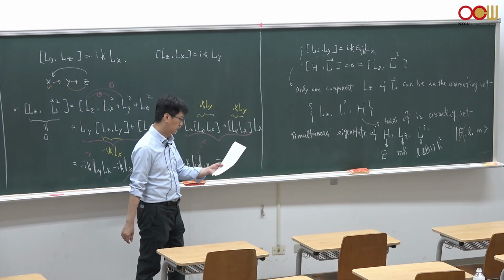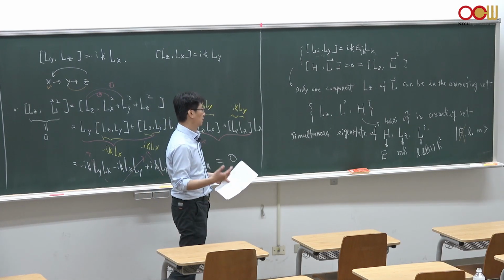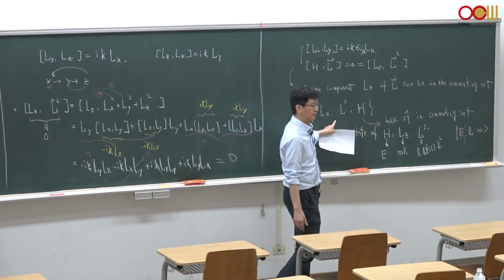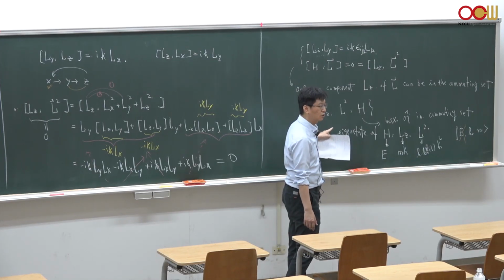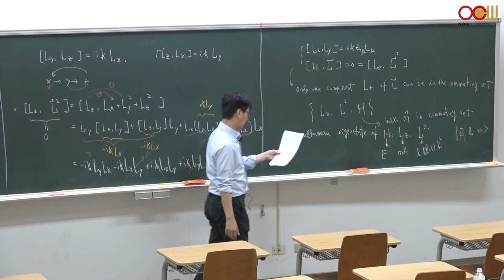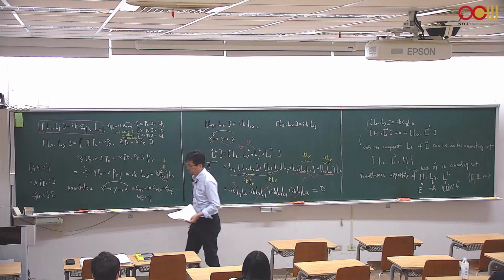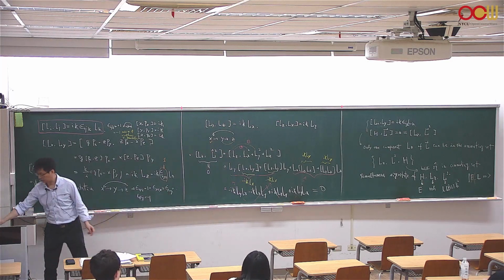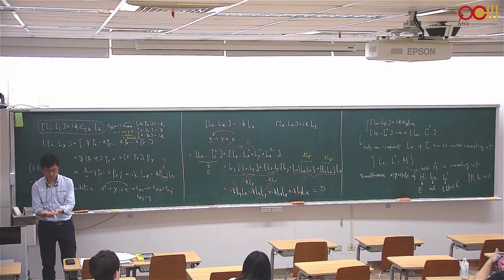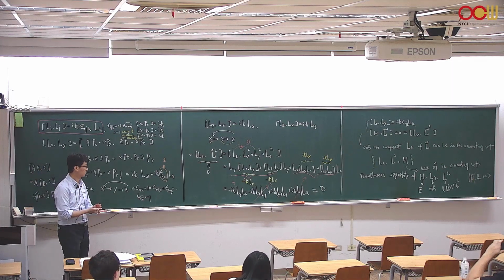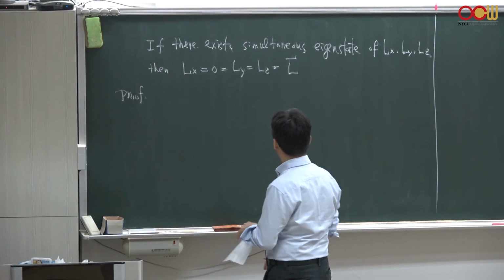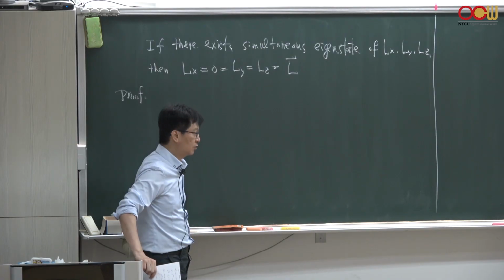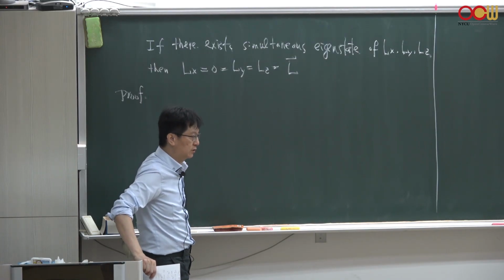When we come back, we will prove that we cannot add another one or two operators, such as Lx or Ly, in this commuting set. If we do, then we violate our starting point, and the angular momentum vector will vanish altogether, which is not what we want. Okay, so let's continue. As I mentioned, we cannot add another two, say Lx and Ly, in this commuting set.